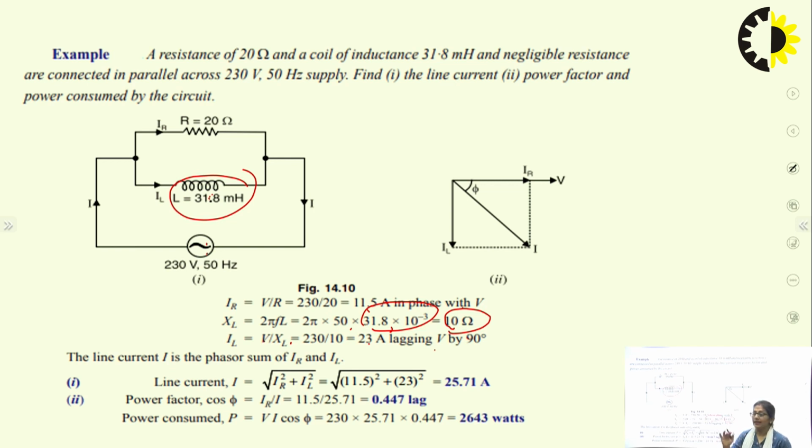Now the line current, the total current flowing in the circuit, must be the phasor addition of both IR and IL. That means the magnitude would be given by under root IR square plus IL square. Going for it, 11.5 square plus 23 square under root, I will have 25.71 amperes.